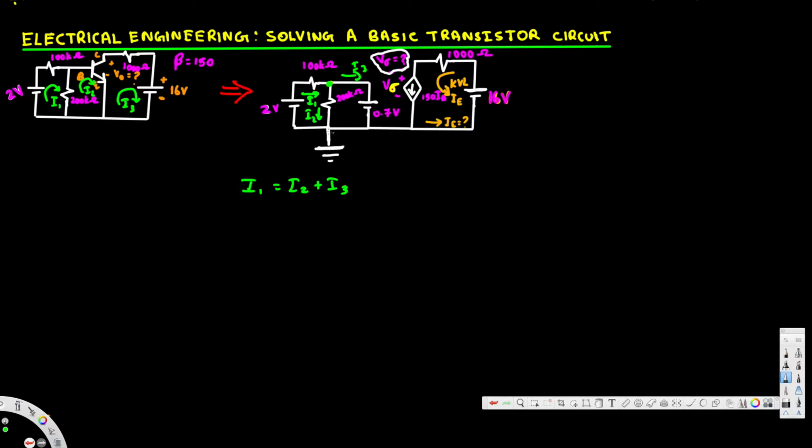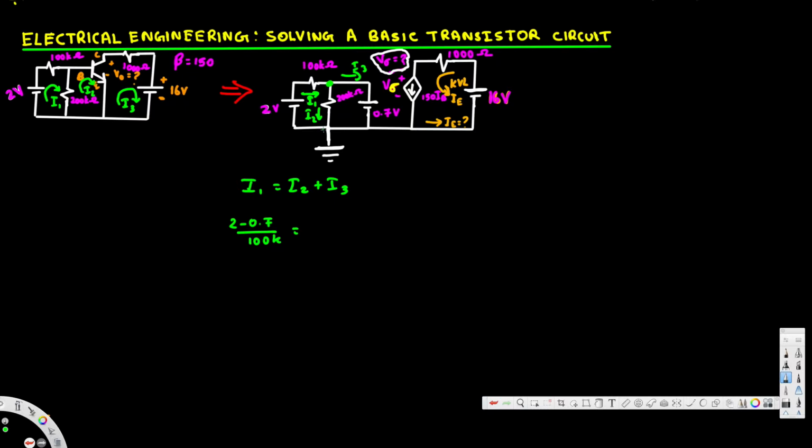Now I1 is 2 minus 0.7, because this is 0.7 here, so the same voltage will be here as well. So 2 minus 0.7, and the resistor in between is 100k. So this is going to be (2 minus 0.7) divided by 100k. That's equivalent to I2. I2 is nothing but 0.7, because this voltage will be here, and this is ground.